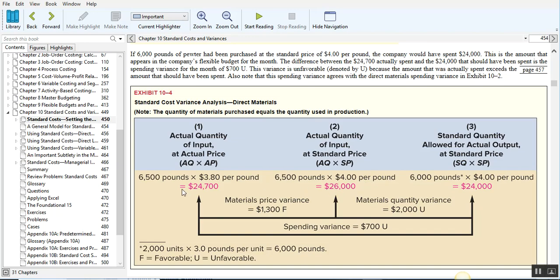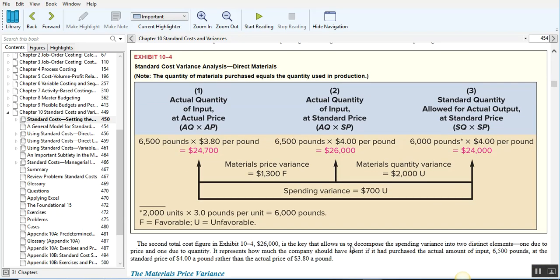The difference between these two then is going to be the materials price variance. So we're looking at price here and quantity here. Now, if we take the actual quantity times actual price and compare that to the standard quantity times standard price, what we wind up with is a spending variance, and that difference here is shown as an unfavorable variance.